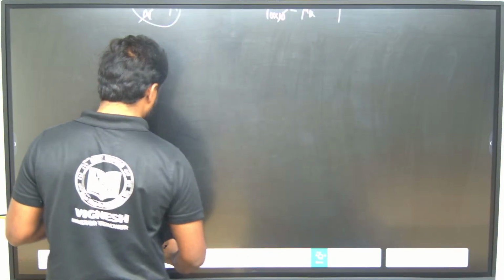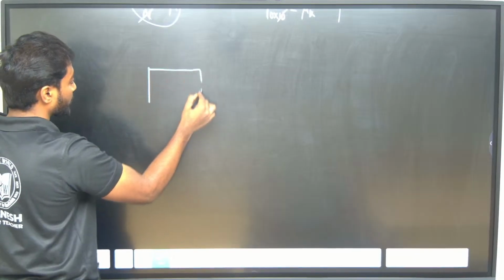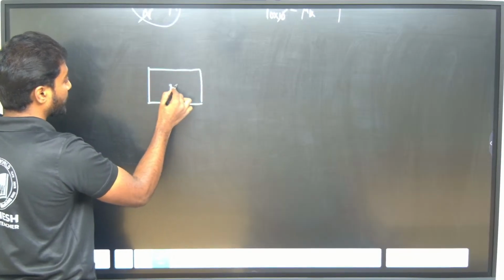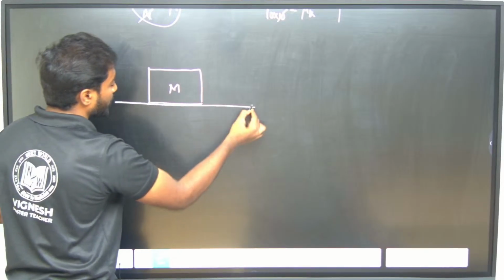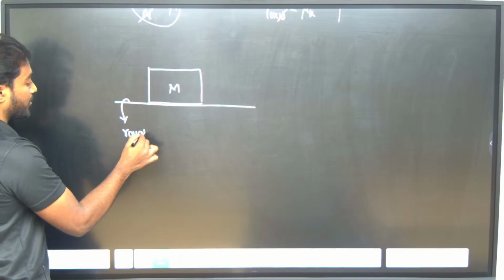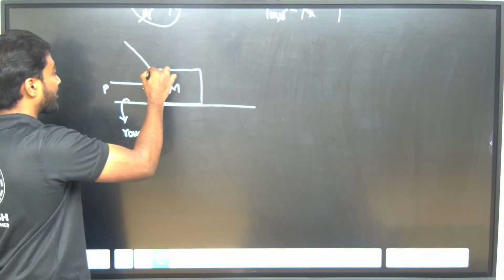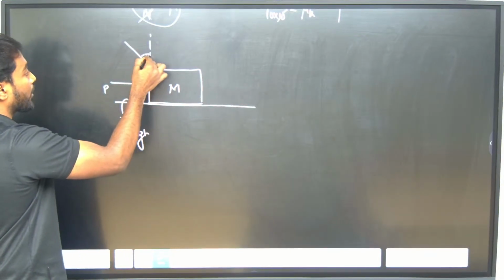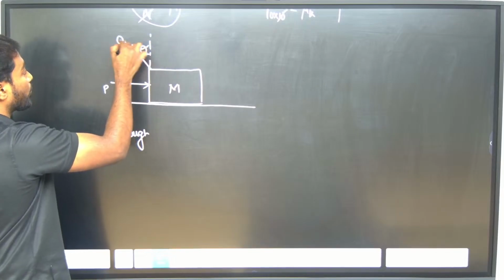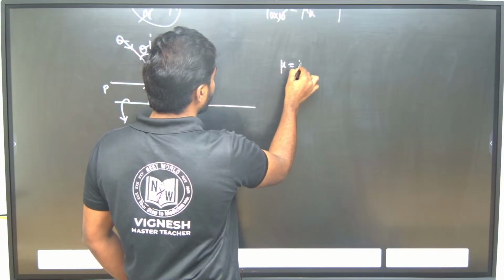So the question is given like this. There is a block of mass m which is lying on the rough surface. One force is acting in the horizontal direction, that is P, and another force is acting at an angle theta with respect to vertical, that is Q. So, can you find what is mu here?